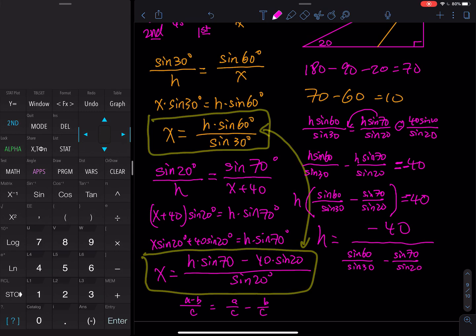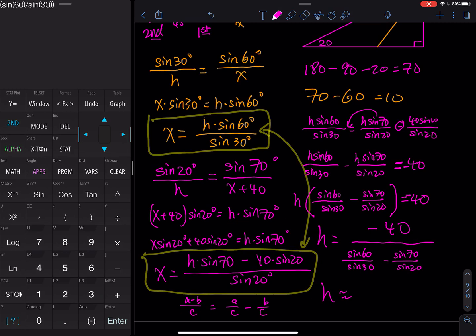So this we have to calculate what that equals to. So I am going to try my best to avoid round off error. First, we approximate the denominator. Okay, use parenthesis. Sine of 60, close parenthesis for the sine, divided by sine 30, close parenthesis for the sine, and then close parenthesis for the whole fraction.